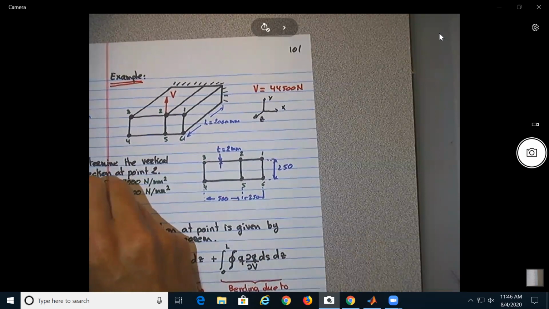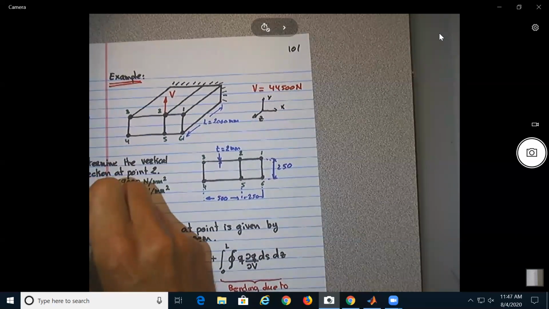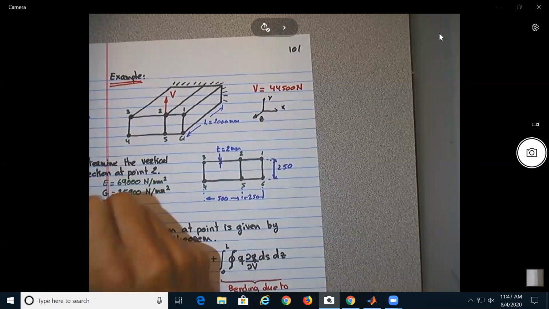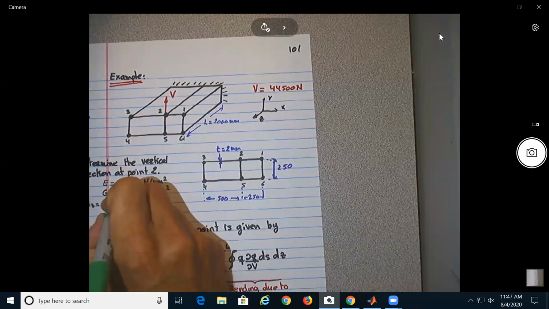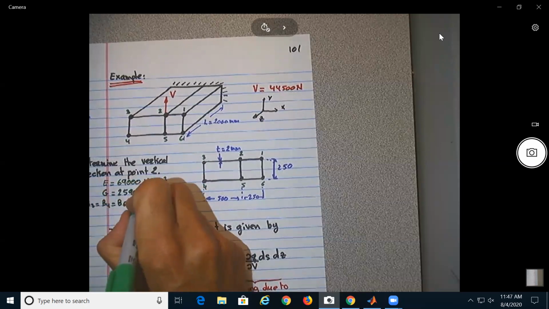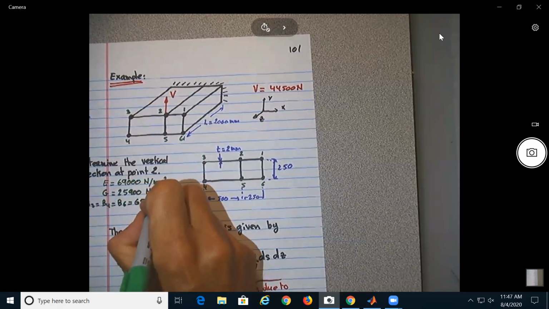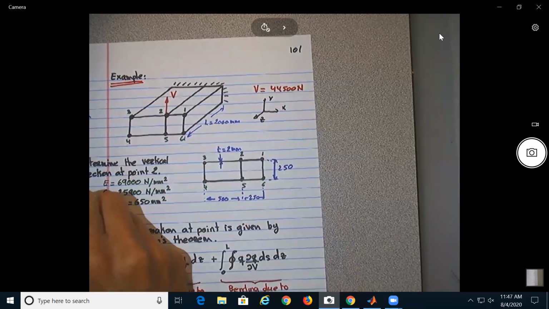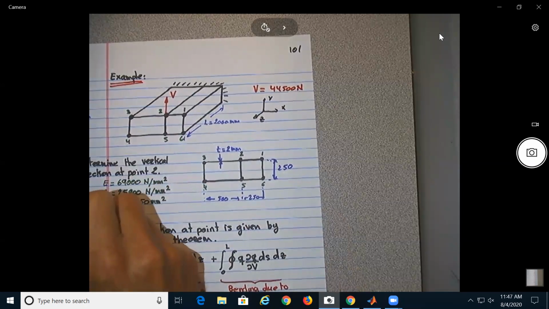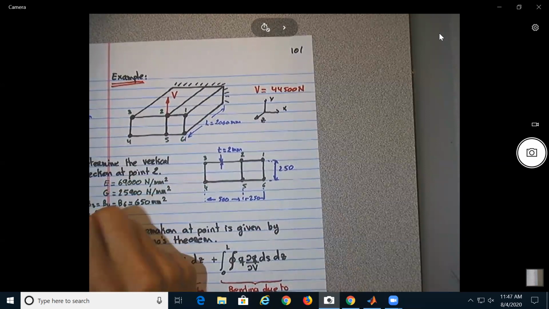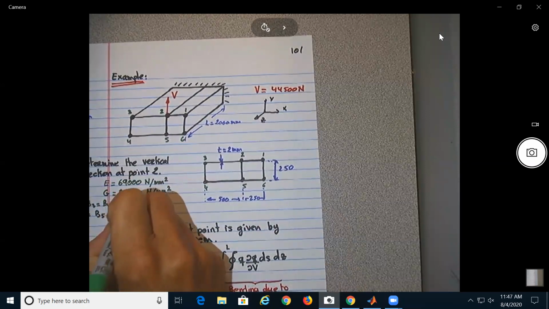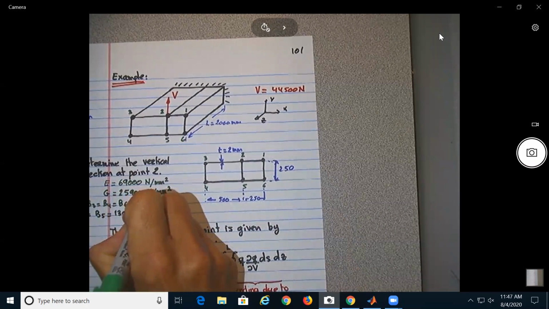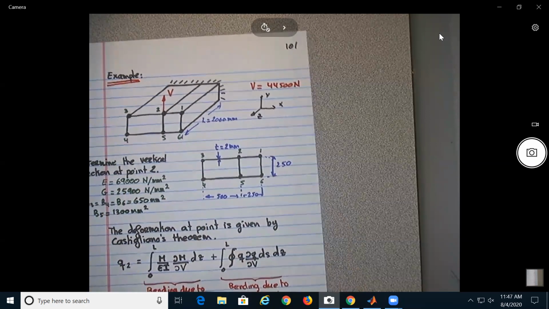Then we know the areas over here: B1 equals B3 equals B4 equals B6 equal to 650 millimeter square, and B2 equals B5 equal to 1300 millimeter square.